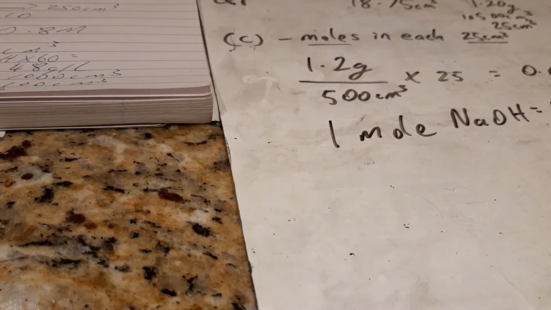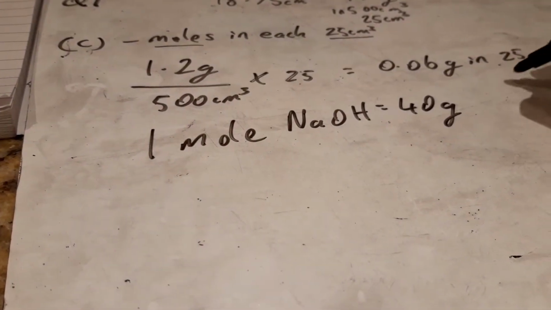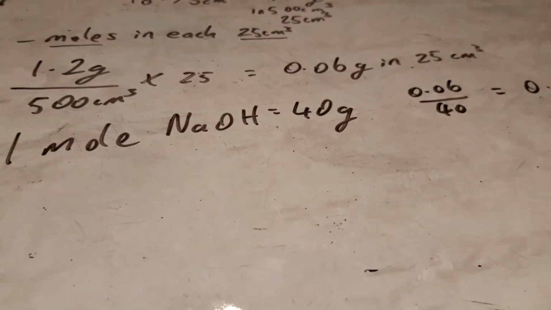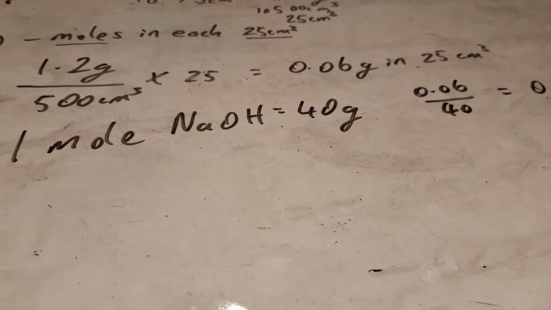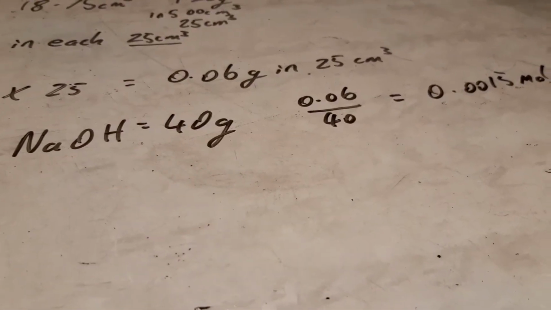So 1 mole of sodium hydroxide weighs 40 grams, but we only have 0.06 grams. So we divide 0.06 by 40, and that gives us 0.0015 moles of sodium hydroxide in 25 centimetres cubed.